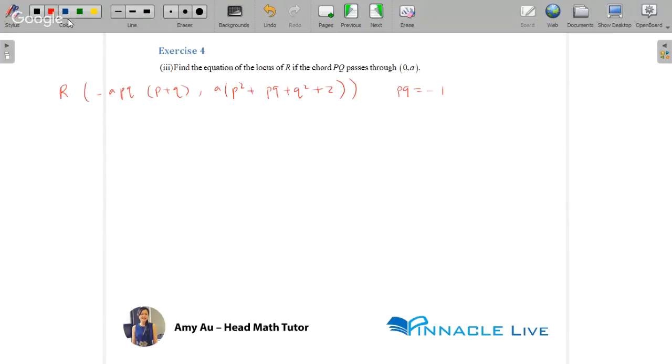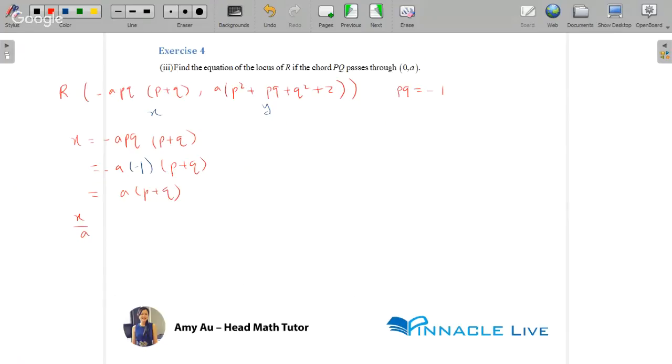All right, so same idea as any locus question. You start with the fact that X represents the X coordinate here. And since PQ is minus 1, let's replace PQ with minus 1. So that's A(P plus Q).